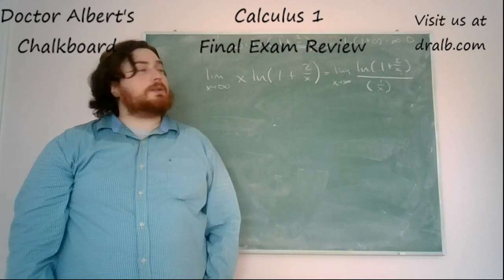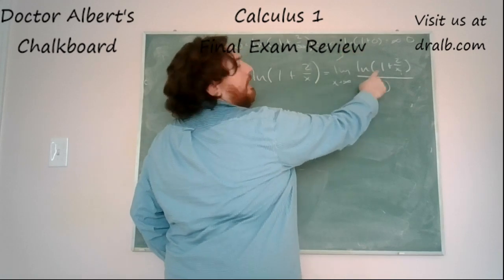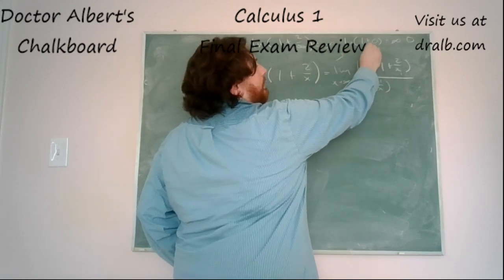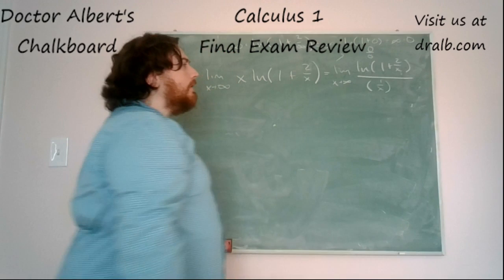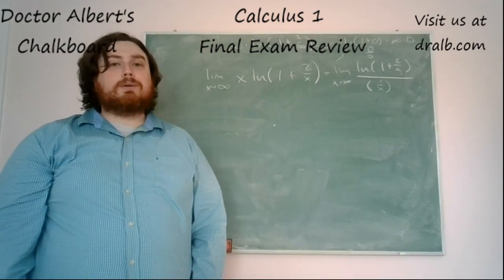So I take natural log of 1 plus 2 over x, divided by 1 over x. So now I have a quotient. If I plug infinity in here, natural log of 1 is 0, and 1 over infinity is 0. So now I do have the 0 over 0 form that I need for L'Hopital's rule.